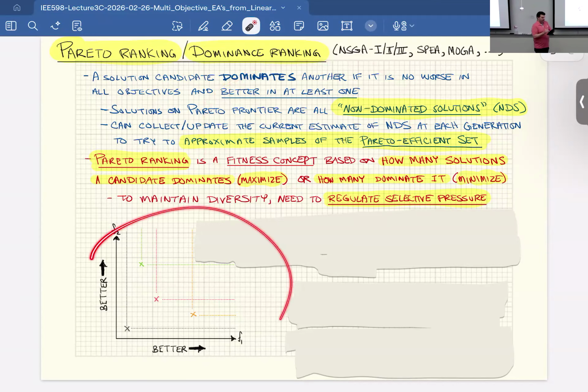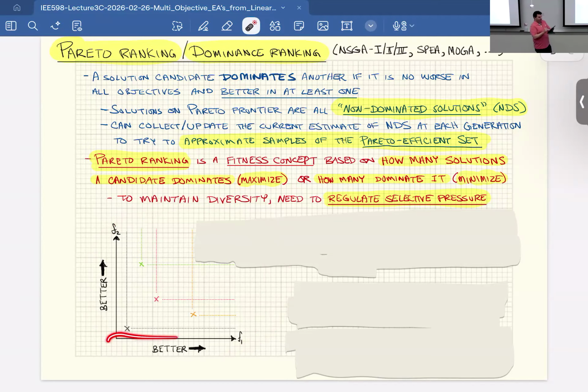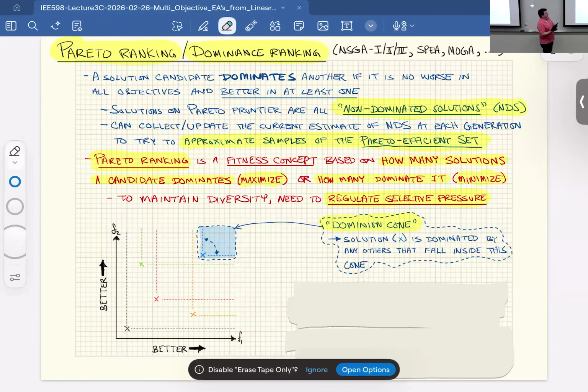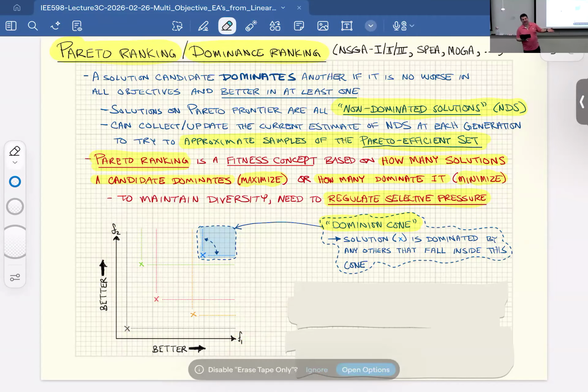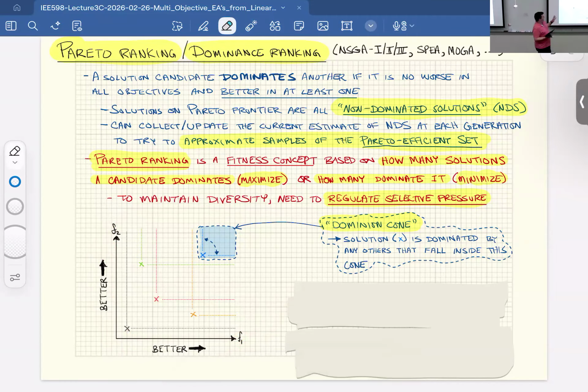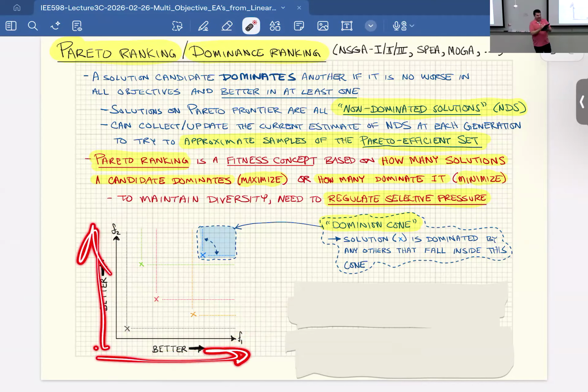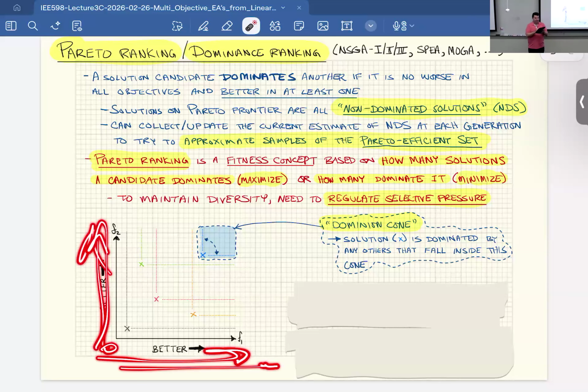So imagine this picture down here, objective 1, objective 2. I've got four candidates, and a fifth right here that I'll take out there. This is where I'm introducing the dominion cone that I hinted at before. If better is going in this direction, I take those two directions and position them on top of my candidate.